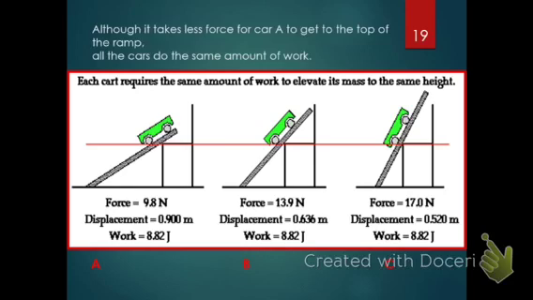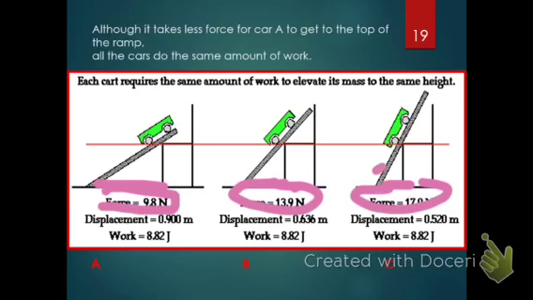Alright, so now that it's paused at the top, they're exactly going up the same height, but as you can see, the displacement or the length for each one gets shorter and shorter. So because it's shorter and shorter, the force that is required becomes more for each of them, because this is a steeper hill. So you're going to have to push harder to get that car up that ramp.